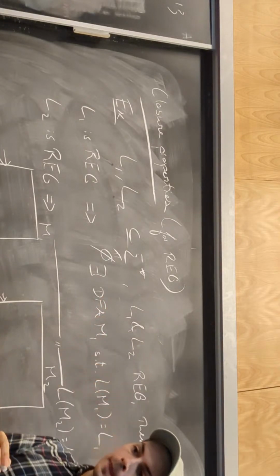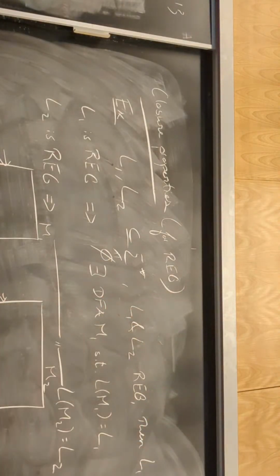Okay. So now, if I want to show that L1 union L2 is regular, in other words, what I need to show is that there exists some FA, let's call it M prime, such that L of M prime is equal to the union.